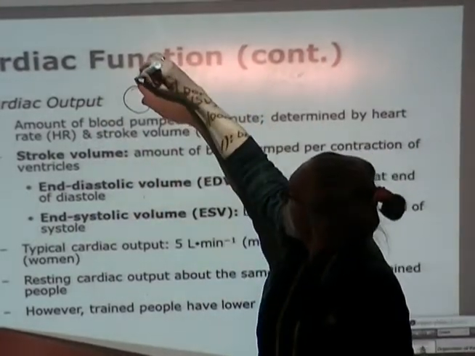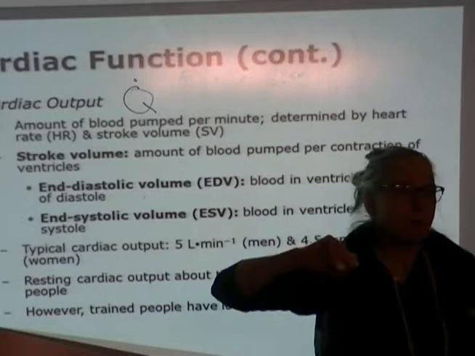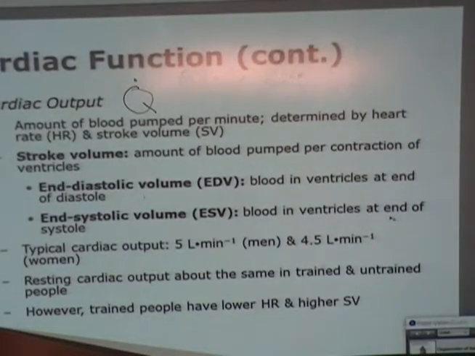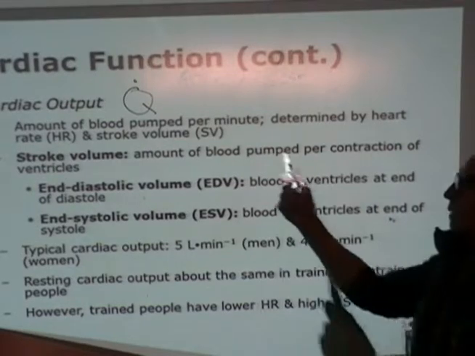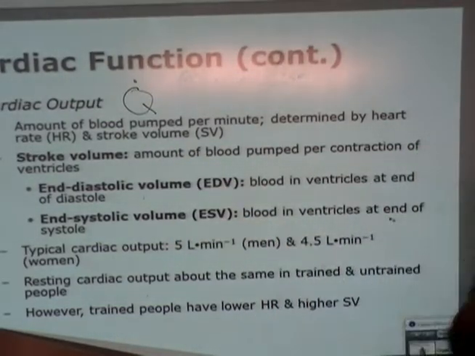And if they have put a dot over the top of it, that means per minute. All right? So cardiac output is the amount of blood that is squished out of the heart per minute.